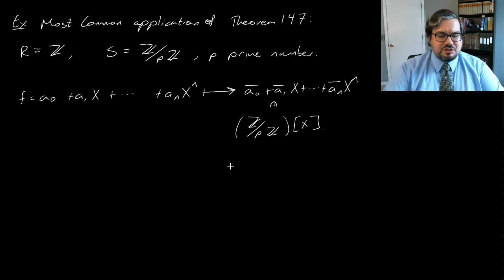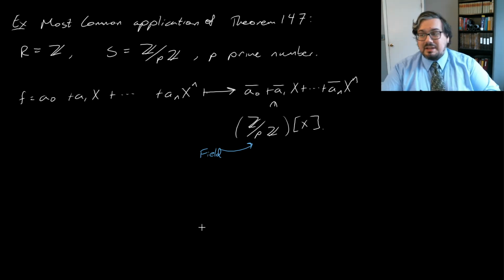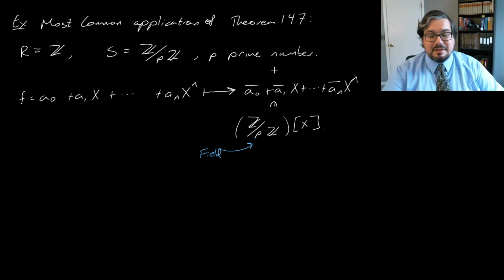Now the advantage to this is that Z mod pZ is a field, and so we can use things that we know about polynomial rings over a field to check for the irreducibility of f here.